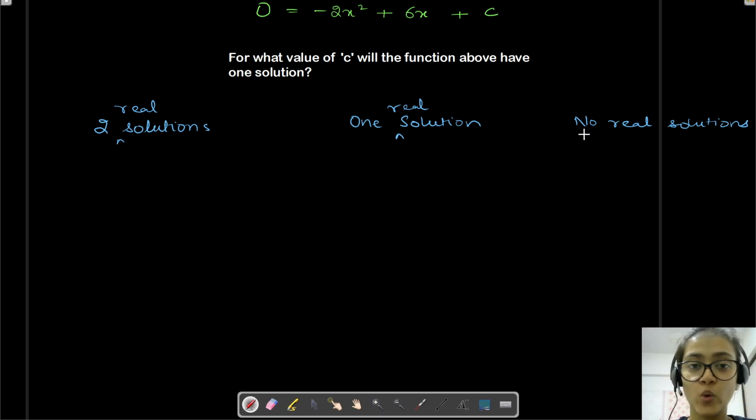And the third case is no real solutions. In this case, it's given that this equation has just one solution, so they're talking about the second case.